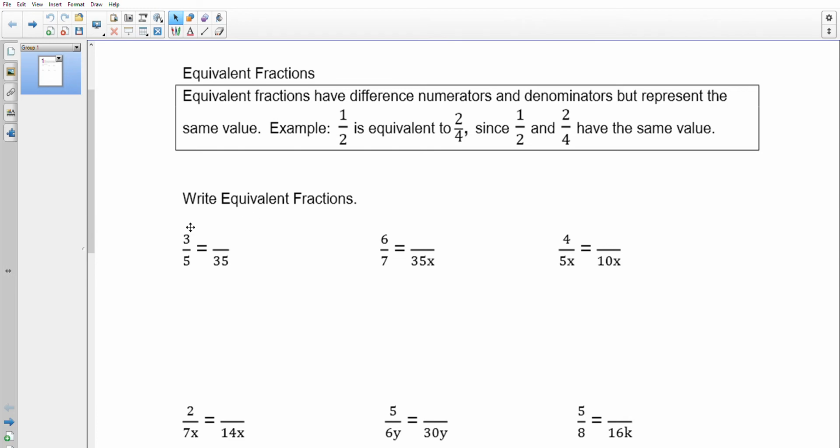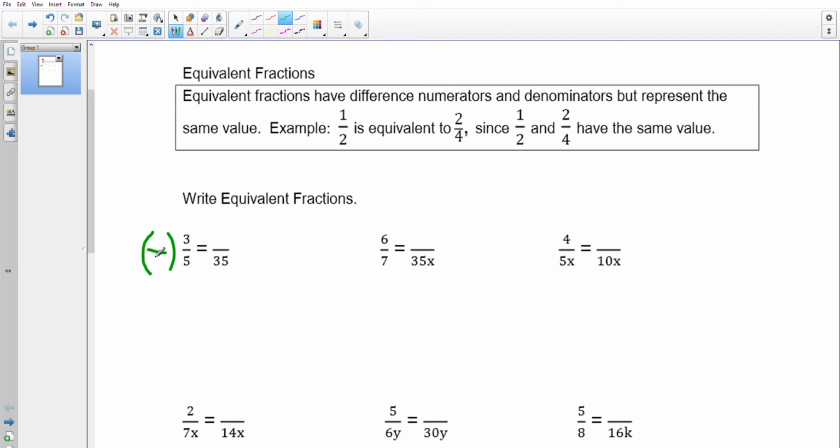In my first example, I have 3/5, and I want to write an equivalent fraction that has a denominator of 35. Now, the only thing I can do with a fraction so as not to change its value is multiply the fraction by 1, since any number multiplied by 1 gives itself. So I have the denominator 5 that I want to be a 35.